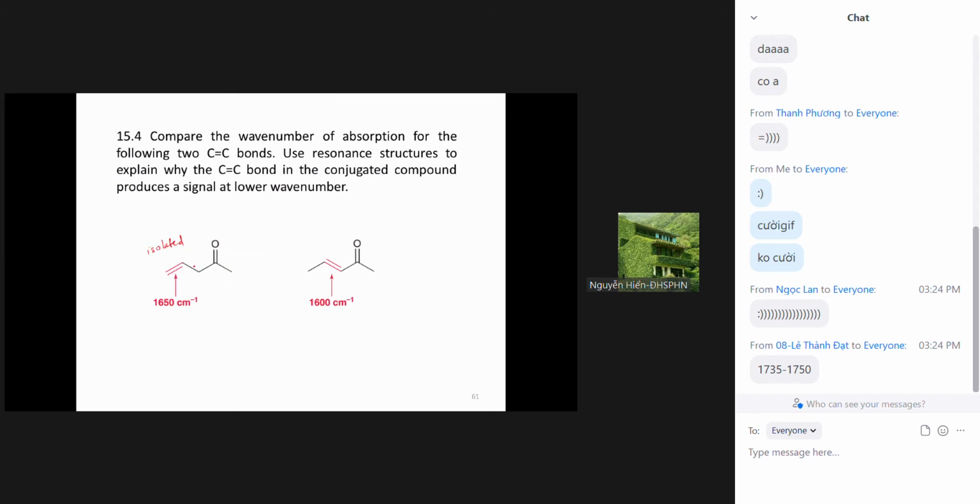We say isolated because it is 2 sigma bonds away from the CO double bond, no conjugation. And in this case, the CC double bond and the CO double bond are in a conjugated system. So you see that they have different absorption wave numbers. And again, the unsaturated conjugated is at lower wave number.